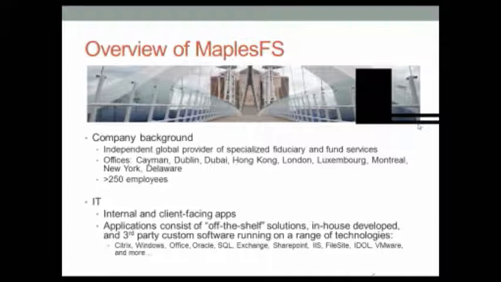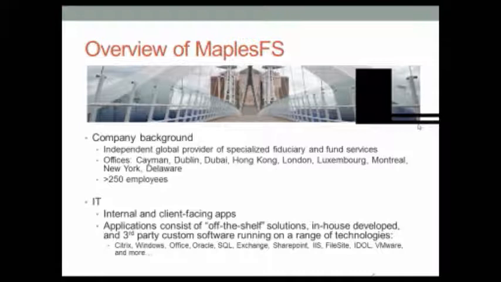MaplesFS is approximately 250 people, a little bit over, and growing rapidly at about 15% year over year. We fit into a larger set that's around 1,000 people when we look at our parent company, Maples and Calder. And so internally, there's some blurred lines of which gear is maintained by a global infrastructure group and which is specific to MaplesFS.